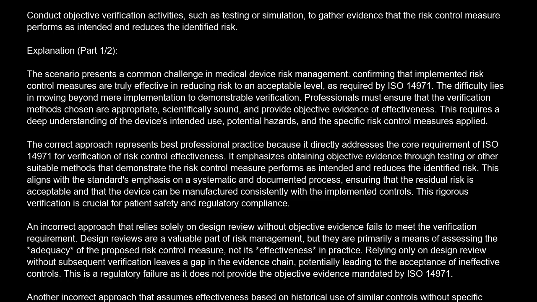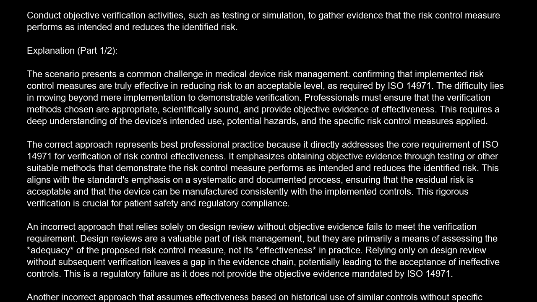The correct answer is A. Conduct objective verification activities, such as testing or simulation, to gather evidence that the risk control measure performs as intended and reduces the identified risk. Explanation. The scenario presents a common challenge in medical device risk management, confirming that implemented risk control measures are truly effective in reducing risk to an acceptable level, as required by ISO 14971.